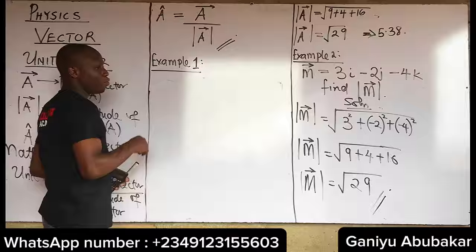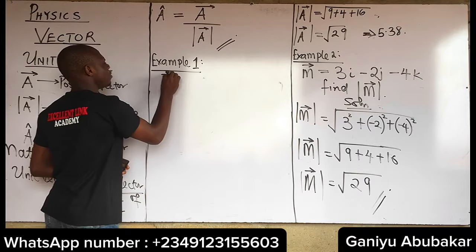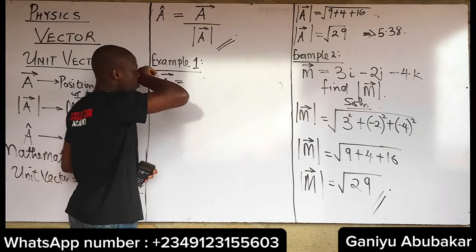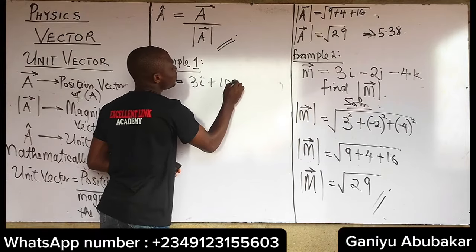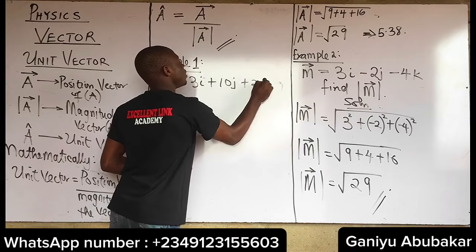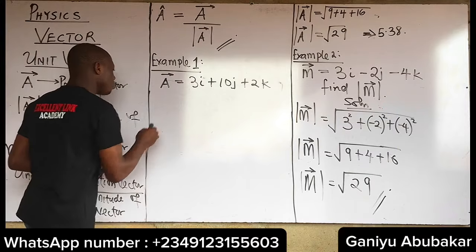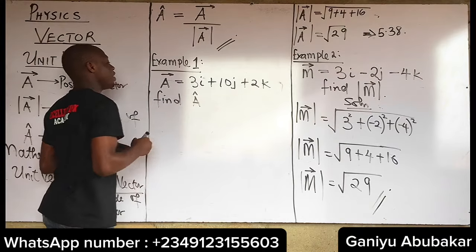All right, example 1. Let's say I'm given a vector A equal to 3i plus 10j plus 2k, and I'm told to find A caret.